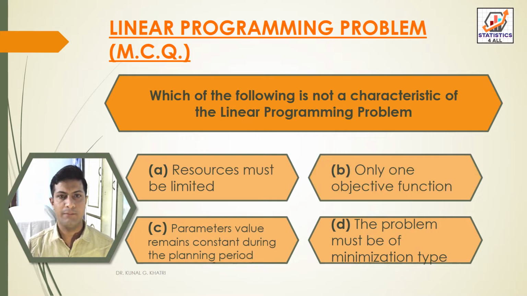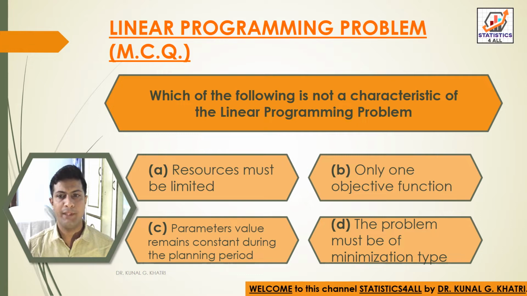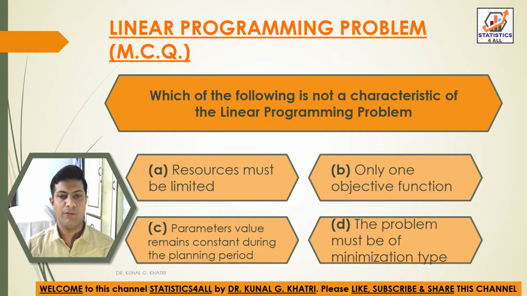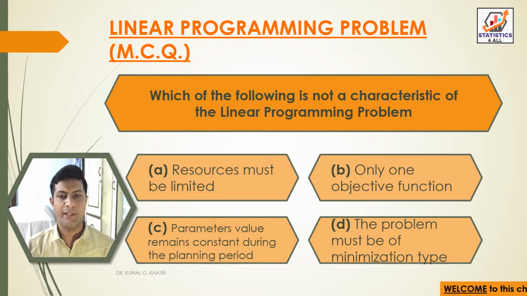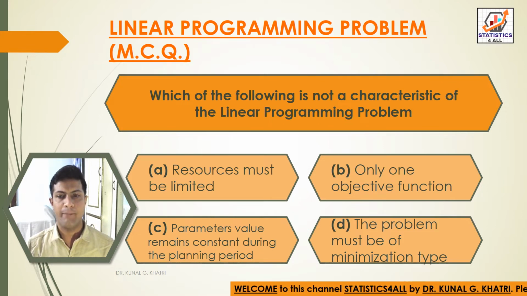Next question, which of the following is not a characteristic of the linear programming problem? Option A, resources must be limited. Option B, only one objective function. Option C, parameters value remains constant during the planning period. Option D, the problem must be of minimization type.